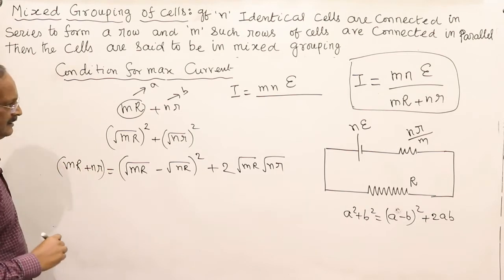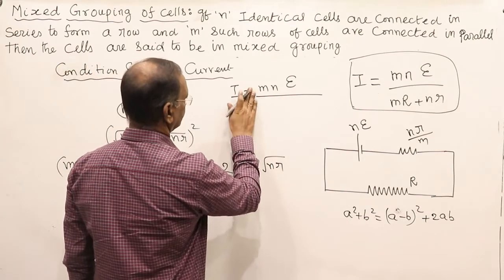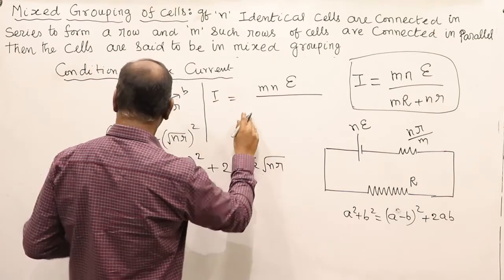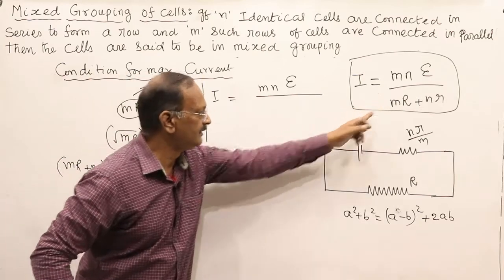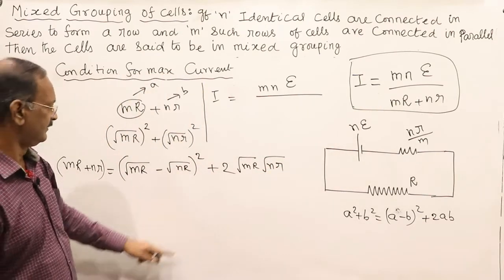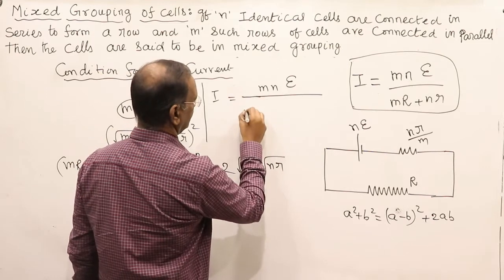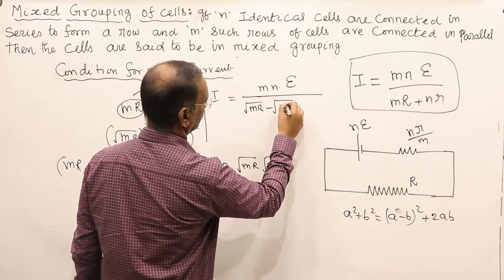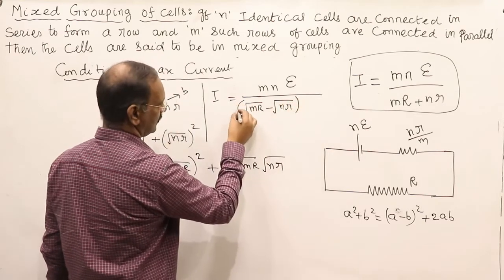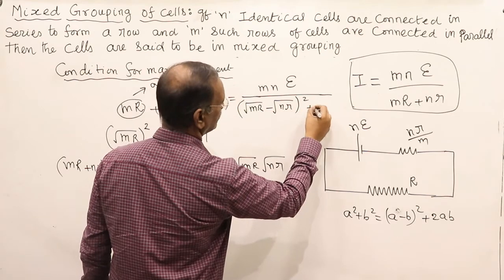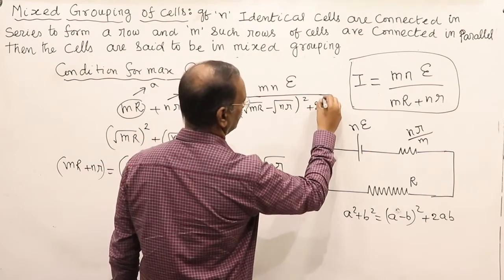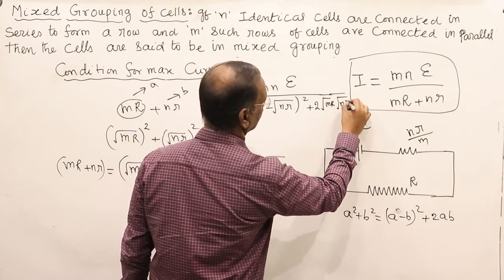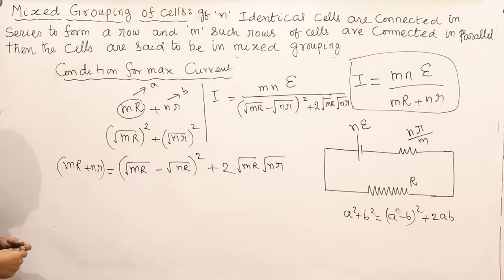This can be written, because we are going to replace it with this equation, as mnε divided by [(√(mr) − √(nr))² + 2·√(mr)·√(nr)]. We have expressed it this way.